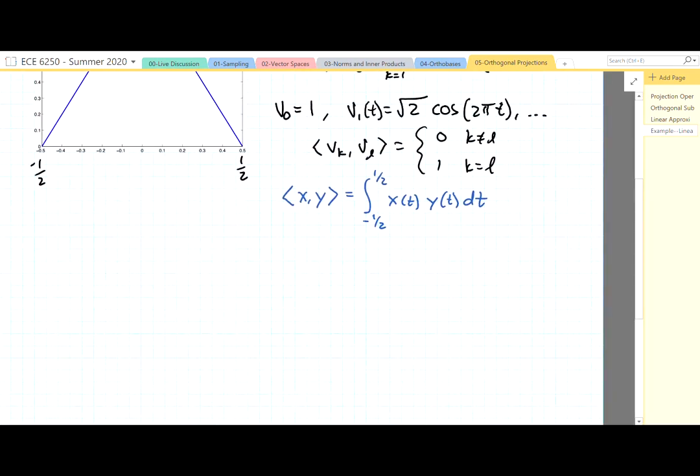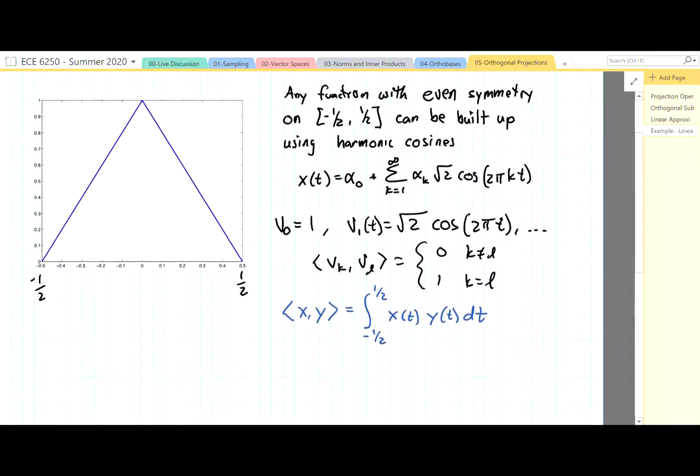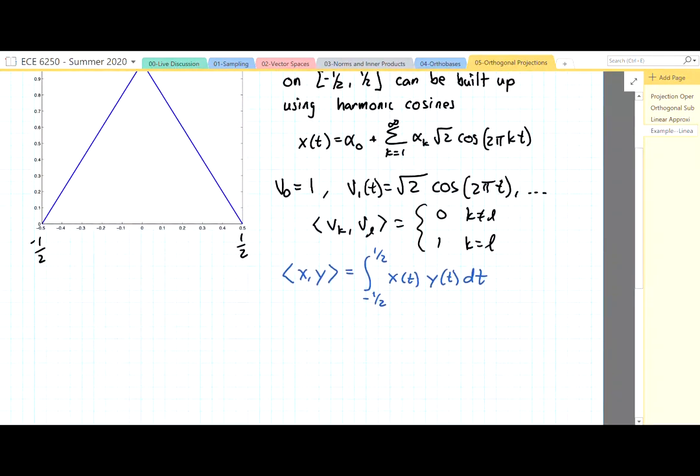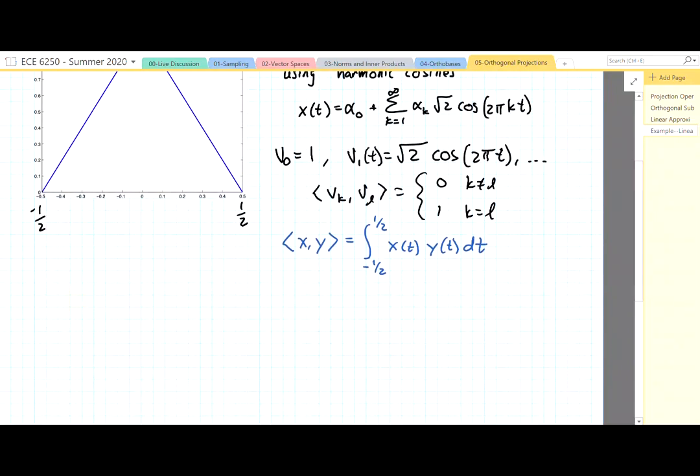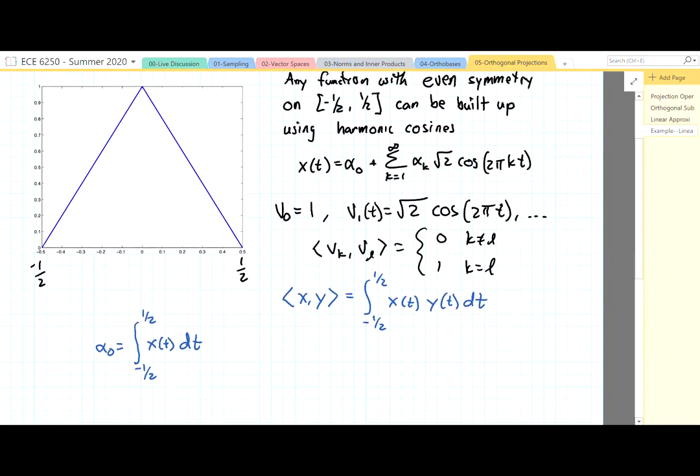So we can come up with the expansion coefficients for this little triangle function if we like. And we can do that by, well, alpha 0 is just going to be 1 times the integral of our x of t dt, and let's see, what is that?